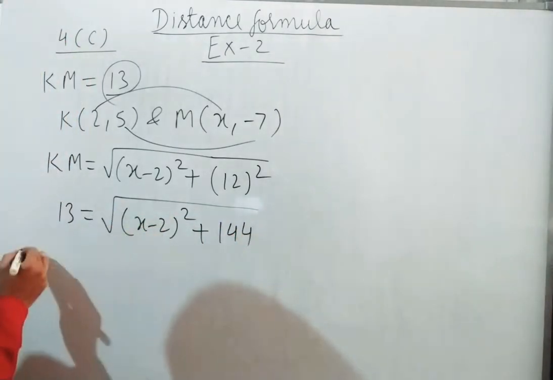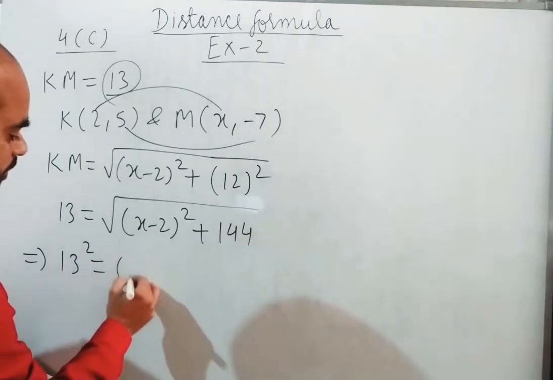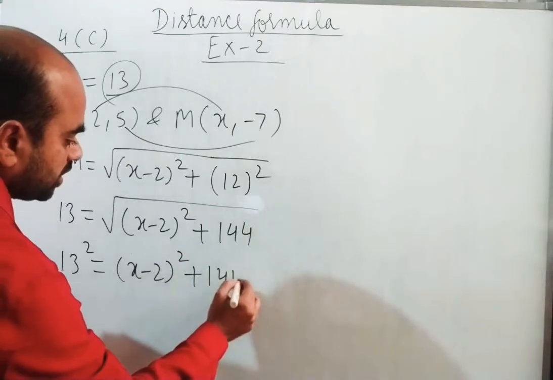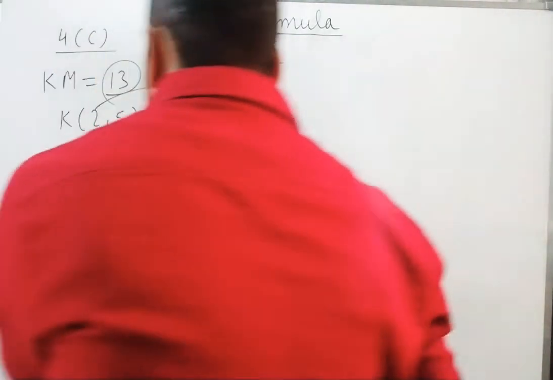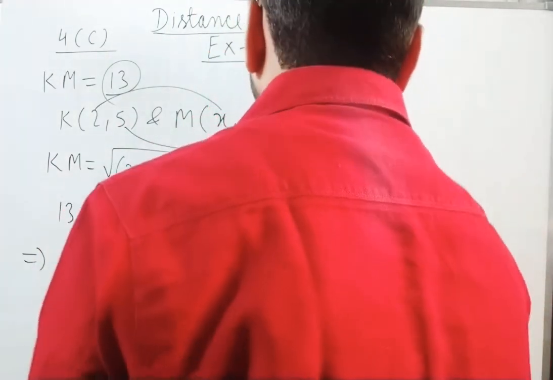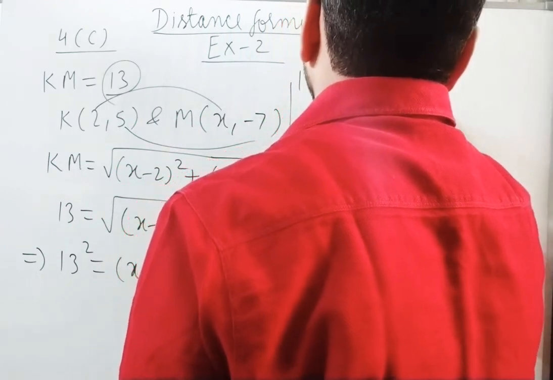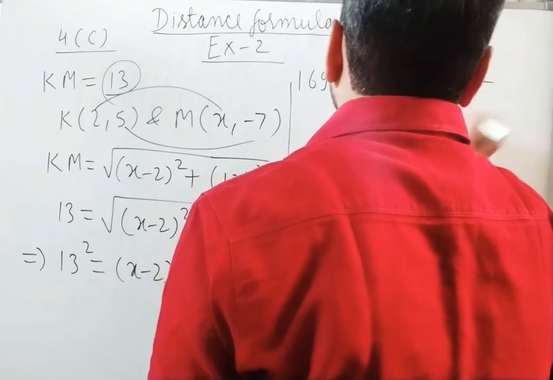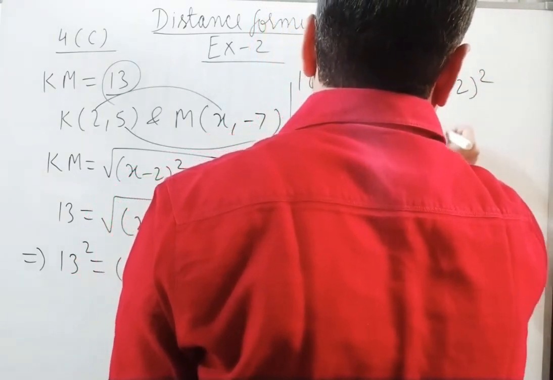Now squaring both sides, this will give 13 square is equal to (x minus 2) whole square plus 144, the square root vanished. Correct? Now 13 square is 169 and this is 144. It means 169 minus 144 is equal to (x minus 2) whole square. This will give 25 is equal to (x minus 2) whole square.